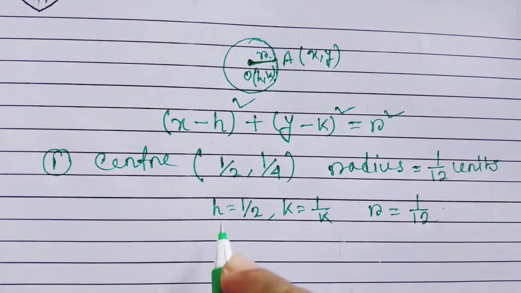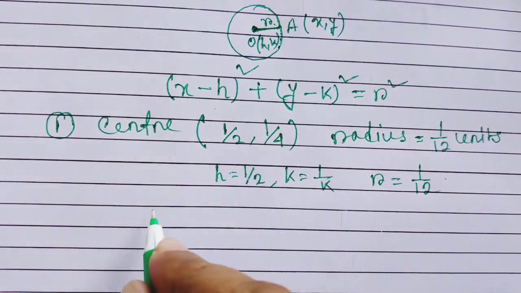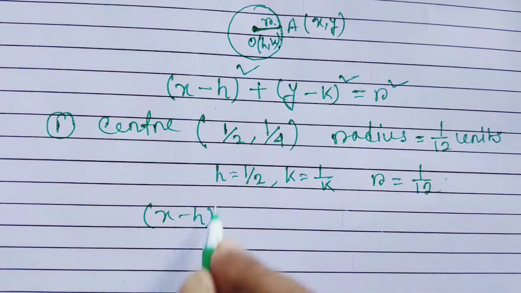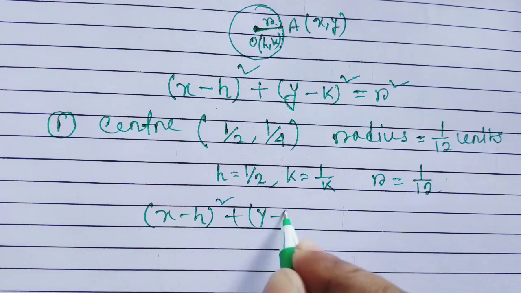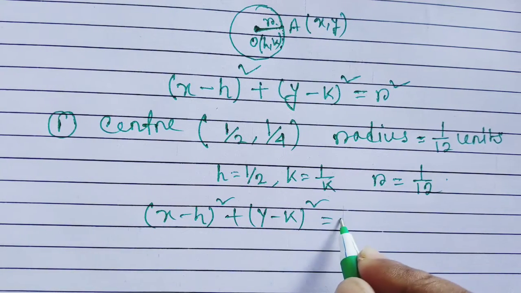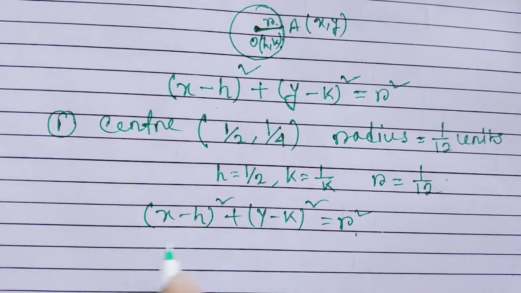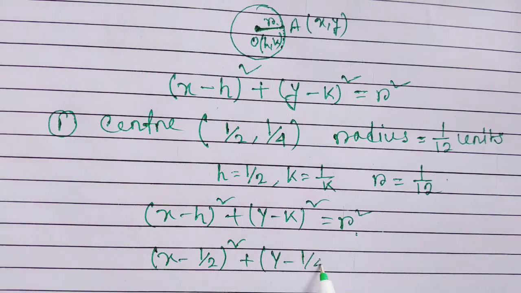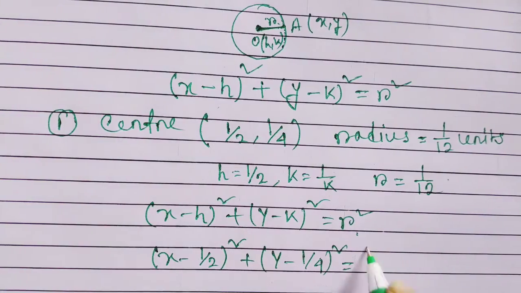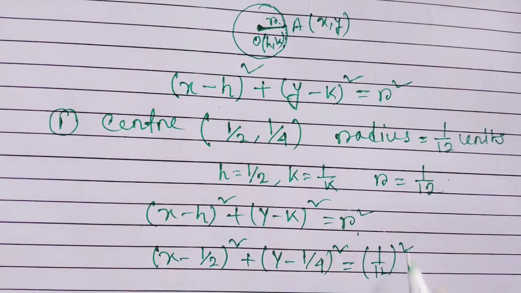Now what is the standard form of circle? The standard form is (x minus h) whole square plus (y minus k) whole square equal to r square. Now put the value of h, k here. So (x minus 1/2) whole square plus (y minus 1/4) whole square equal to (1/12) whole square.